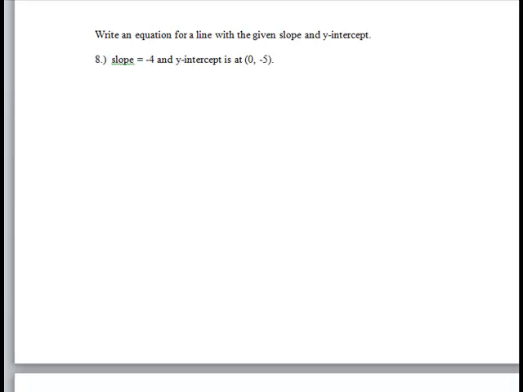Even when we're asked to write an equation for a line, we're still going to be using this slope-intercept form, y is equal to mx plus b, where the only difference between one linear equation in slope-intercept form and the next are the values for m and b. So as long as we're able to find m, the slope, and b, where the y-intercept is, we can just plug them into the formula and have an equation.